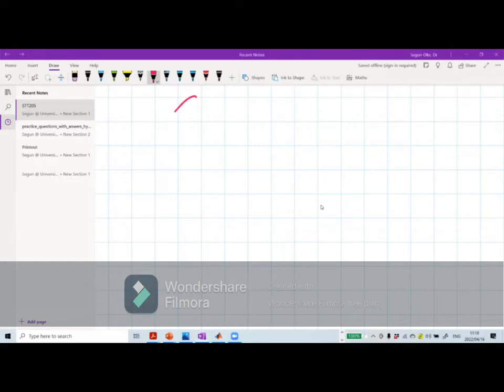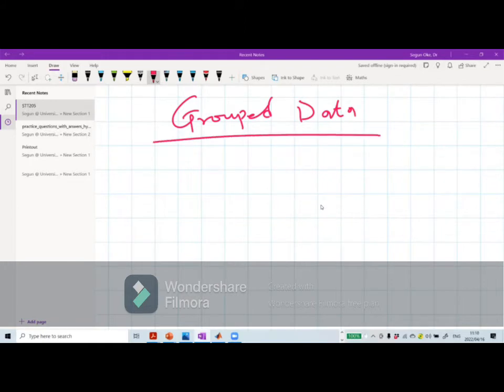Okay, let's look at the grouped data. For the grouped data, we have X bar, the mean, equal to summation of fx all over summation of f.